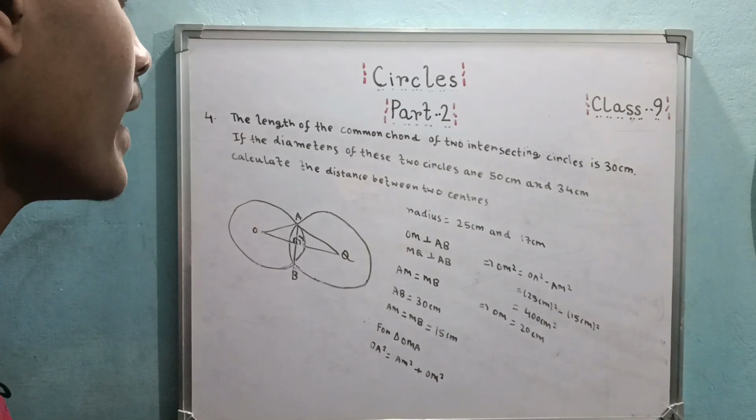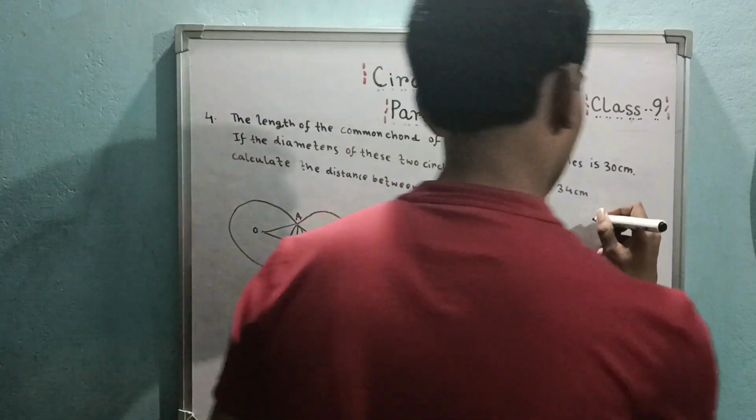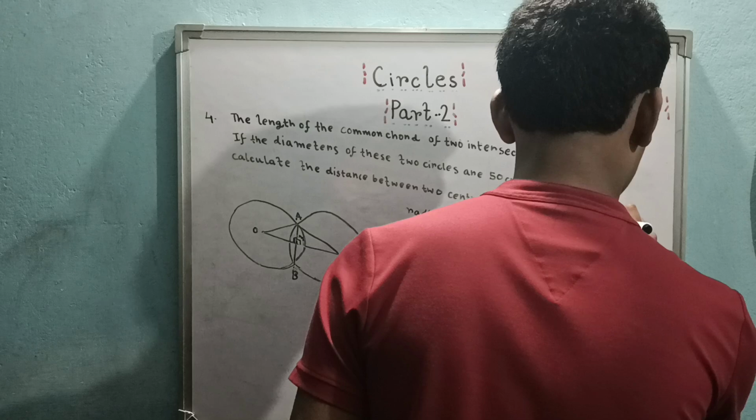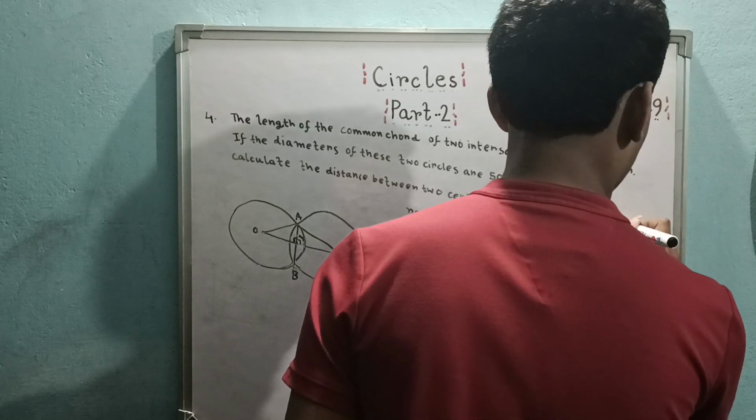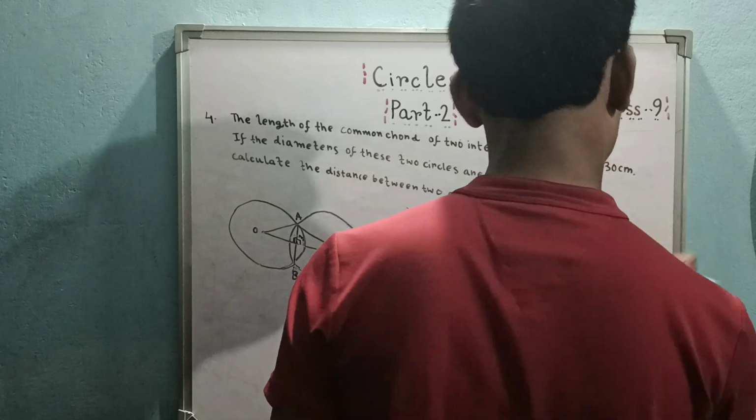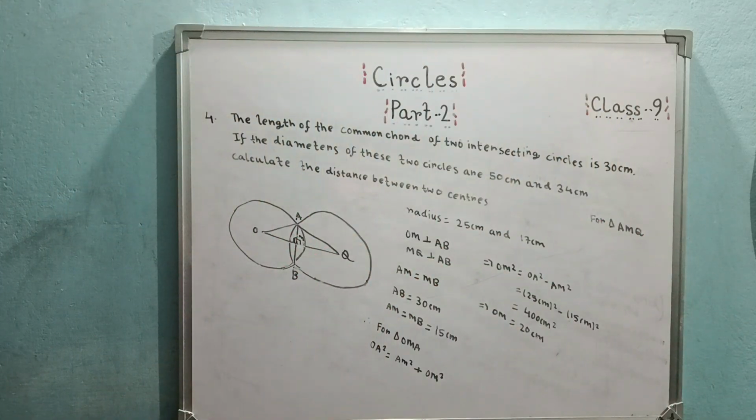Now AMQ is also a right angle triangle, so I am now going for AMQ. If you do good sums, you score good marks. So we should do good sums, right? AMQ is a right angle triangle.